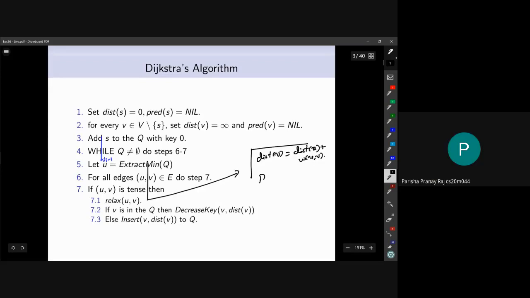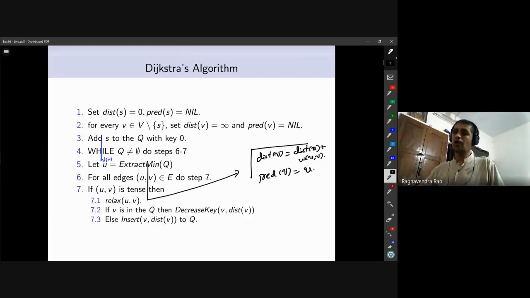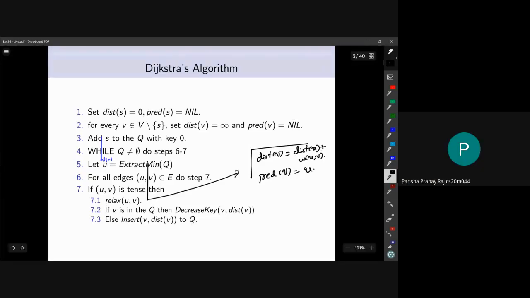Why are we assuming that at that particular instance the relaxation is happening? Not assuming it. Otherwise, how would you have set predecessor of vi as vi minus 1? No, it's like circular, I think. Is it given that we have set vi minus 1 as the predecessor?